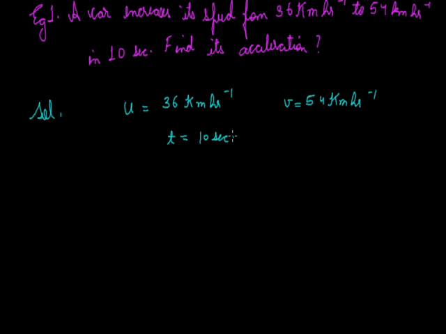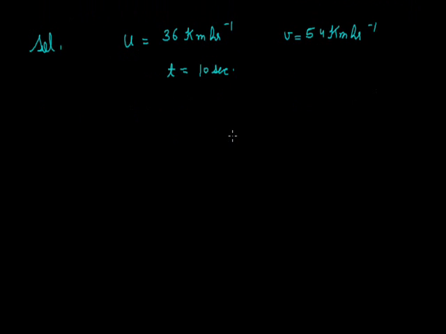Now as we are given the time in seconds, we have to change both the velocities, u and v, into the standard unit, that is meter per second. So u is 36 multiplied by 1000, because 1 kilometer equals 1000 meter, divided by 3600 seconds, because 1 hour equals 60 into 60 seconds.